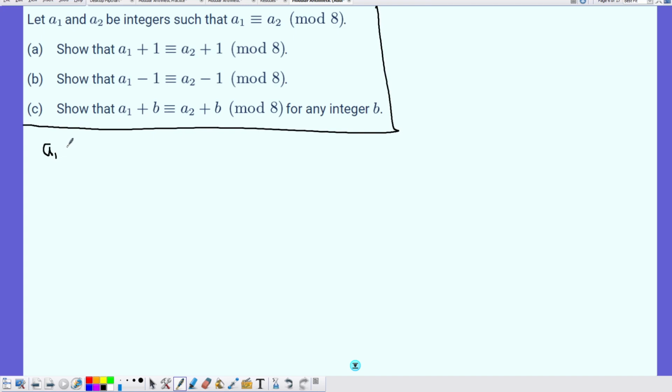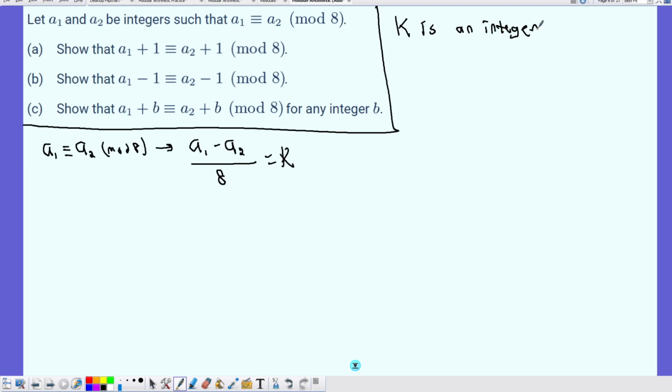I mean, this is something I've done plenty of already. a1 and a2, if they are congruent under mod 8, then that must also imply that a1 minus a2 over 8 equals k, and I'm just going to state up here, k is an integer.